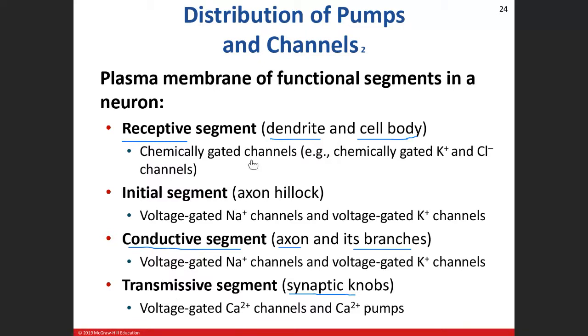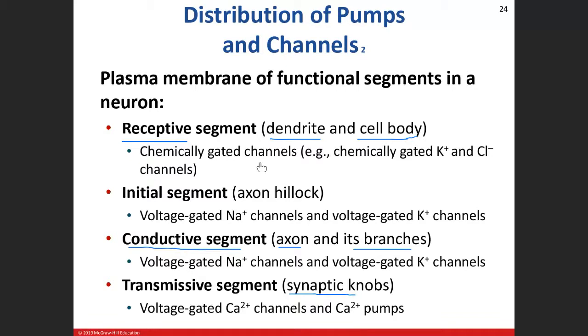The channels and the pumps that we're going to see in these segments vary now. In the receptive segment, we are only going to see chemically gated channels, which means the cell body and the dendrites are only going to have chemically gated channels.